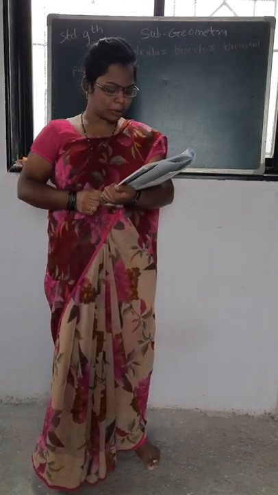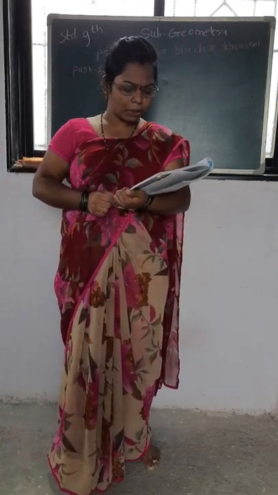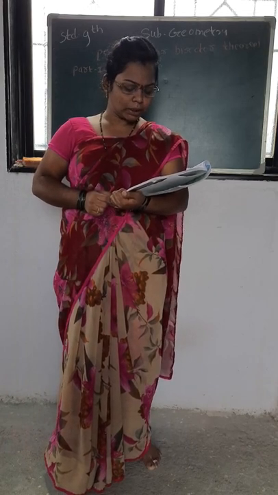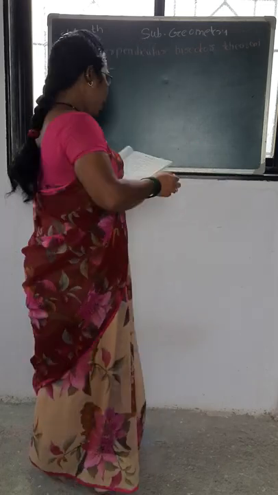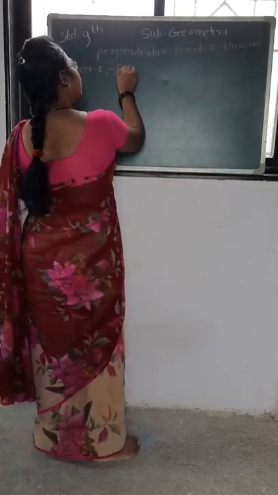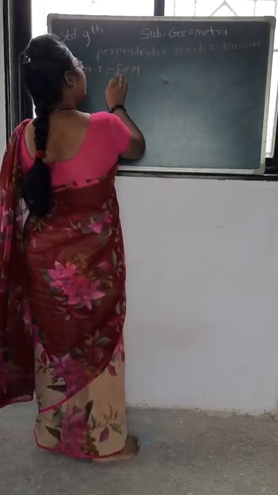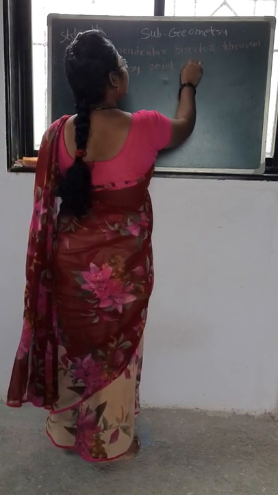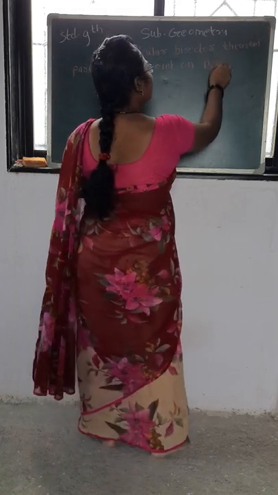The statement of part first is: every point on the perpendicular bisector of a segment is equidistant from the endpoints of the segment.